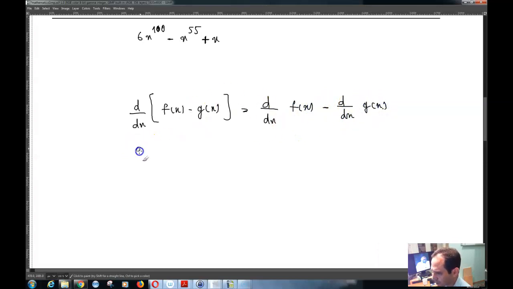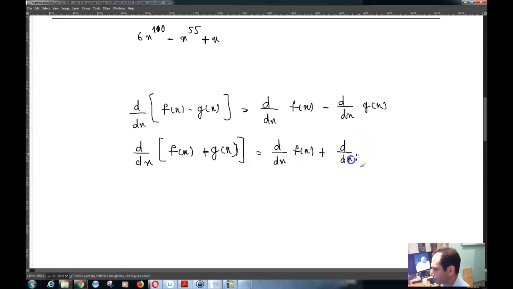And we said that d by dx of f of x plus g of x is equal to d by dx of f of x plus d by dx of g of x. So whenever there is subtraction, you simply subtract. Whenever there is addition, you simply add.